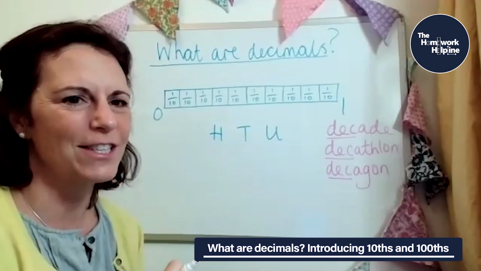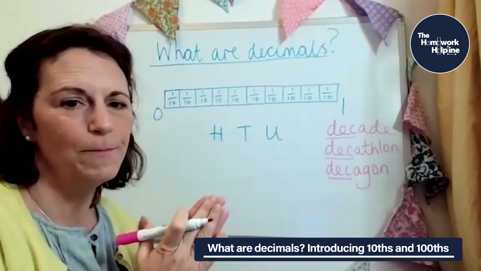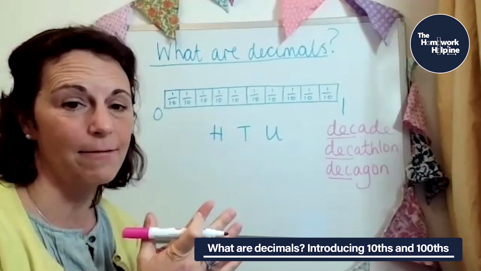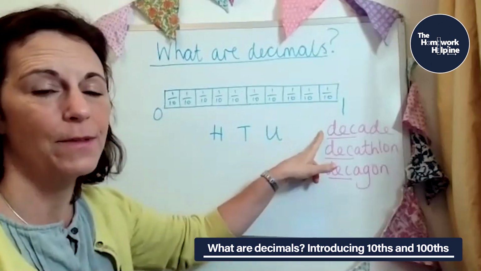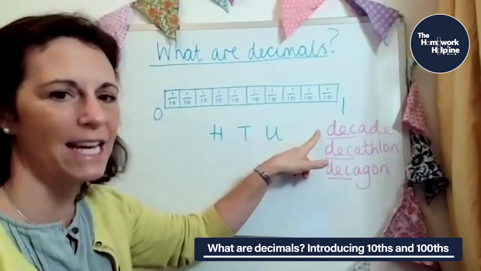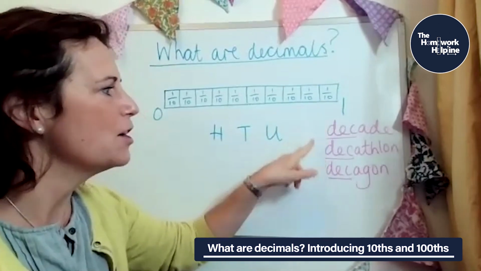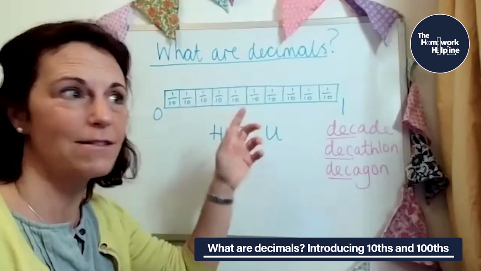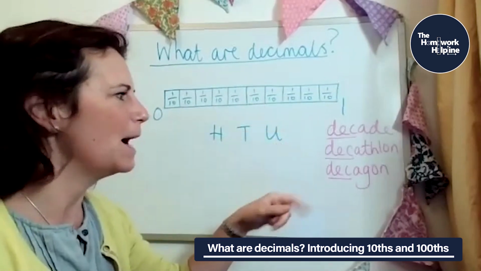So let's get started. Now, decimal begins with the letters D-E-C, dec, and that means 10. And we see that in other words such as decade, which is 10 years, decathlon, which is that sport where they all do like 10 different sports.